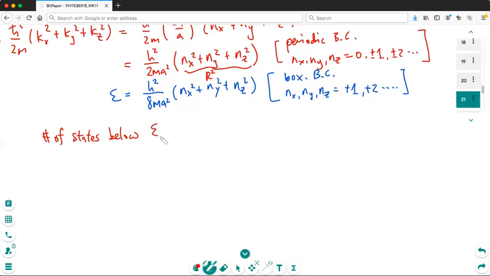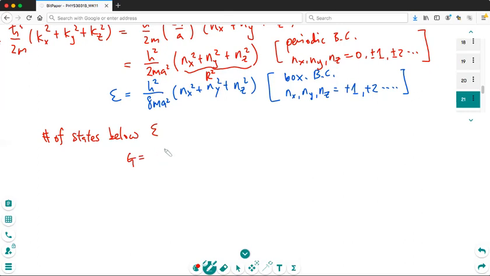So this is some kind of threshold, and I would like my threshold to be the Fermi energy later. But I will just use a generic symbol here. So how do I do that? I will have this number G, and it turns out to be related to the volume.